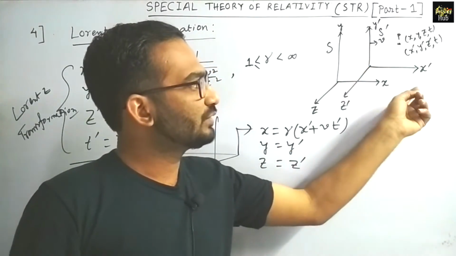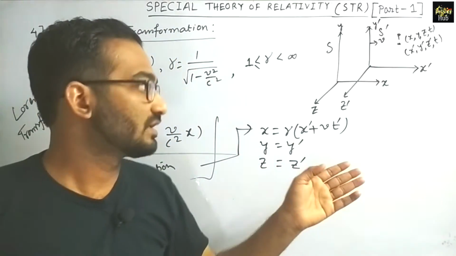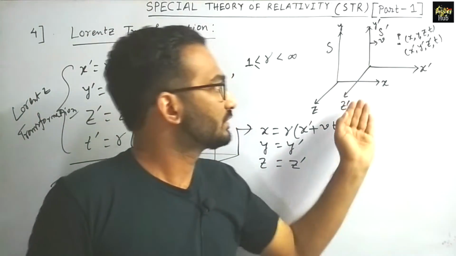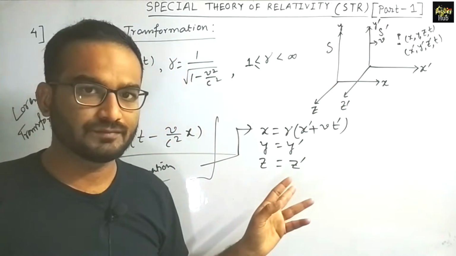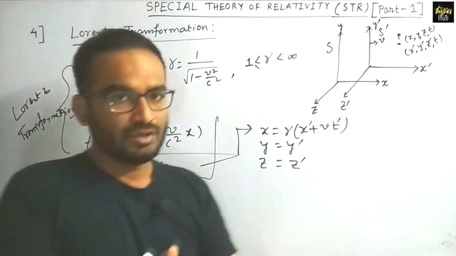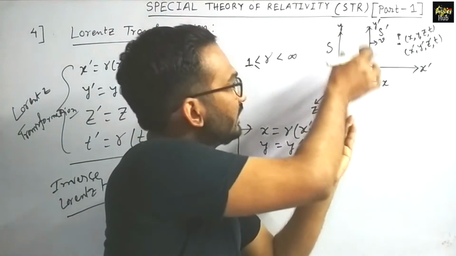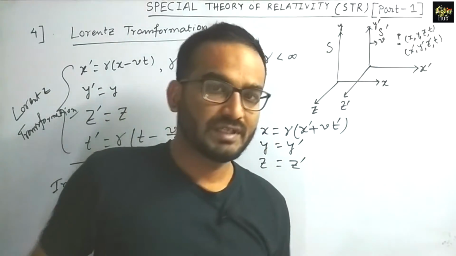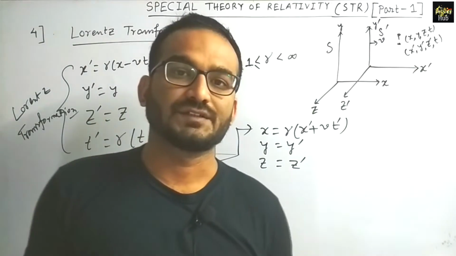So the frame is moving in x direction, so only the x coordinate is getting changed, but the perpendicular coordinates, the y coordinate or z coordinate, are not changing. Okay, now if the frame moves along y axis, then only the y coordinate will change, but the z coordinate and x coordinate will not change.